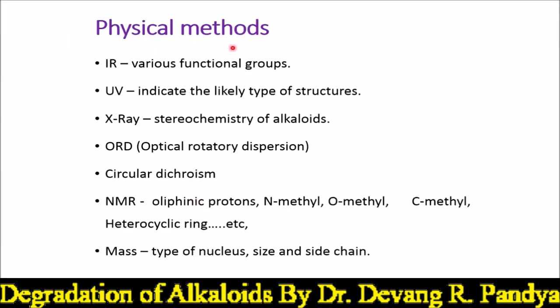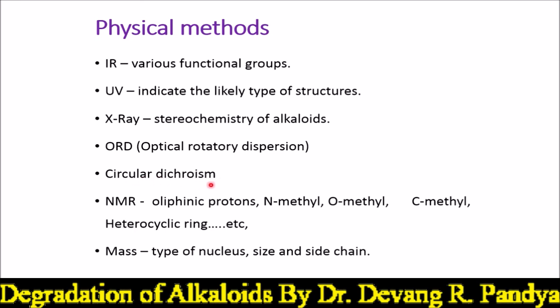Another physical method that all of you know is IR. Various functional groups can be identified using it. UV visible indicates the likely structure of the compound. X-ray is going to give us information regarding the stereochemistry of alkaloid. ORD, optical rotatory dispersion method, is there to establish the structure.